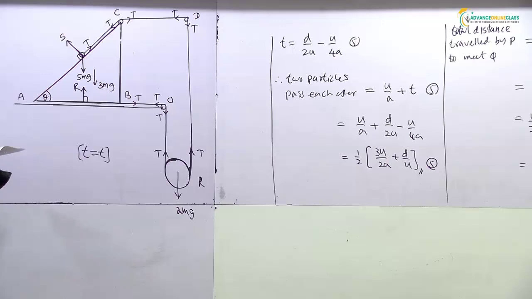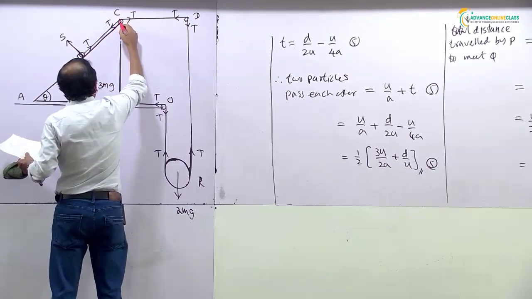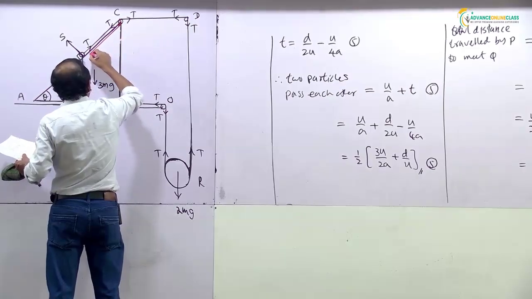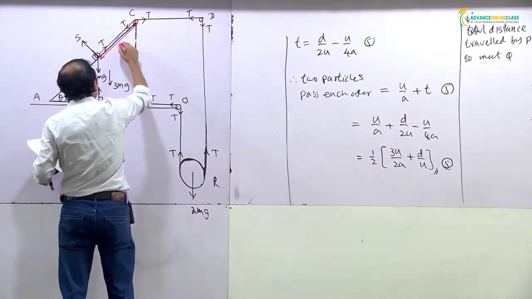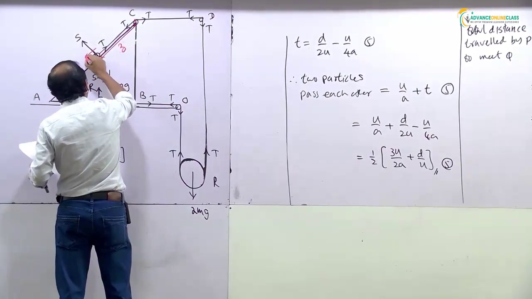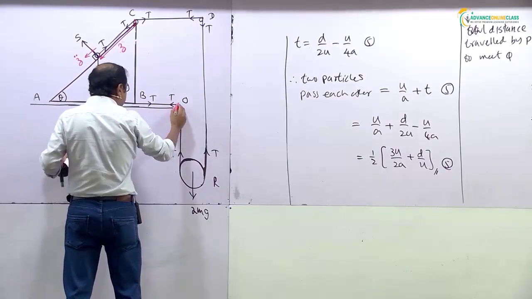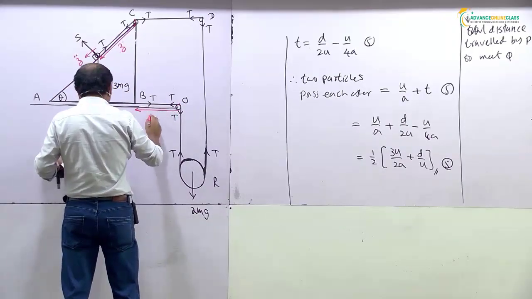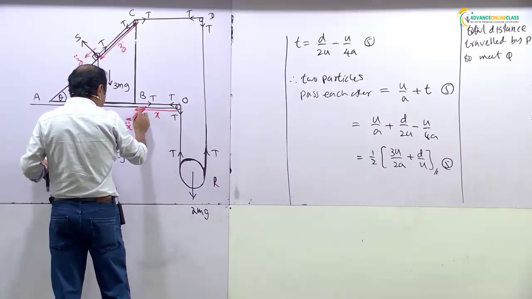Right. Now we measure the distances. Let us take this distance as x. This is z. Then if this is z, the acceleration is z double dot. Let us take this as x, acceleration x double dot.